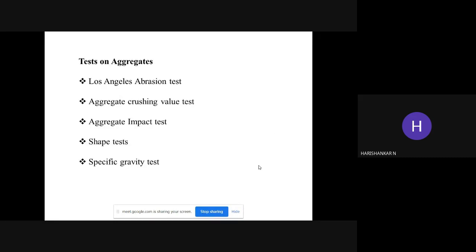Then you have tests on aggregates. In tests on soil, you can see various tests that you have already studied in geotechnical engineering, like the direct shear test, then the unconfined compression, then confined compression, then the triaxial shear test. All these tests are exactly the same.